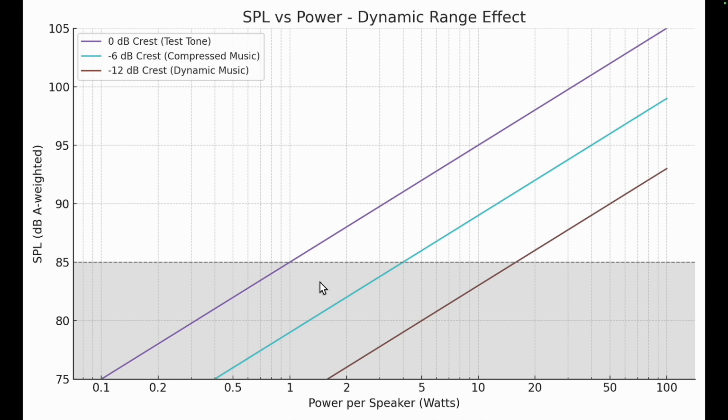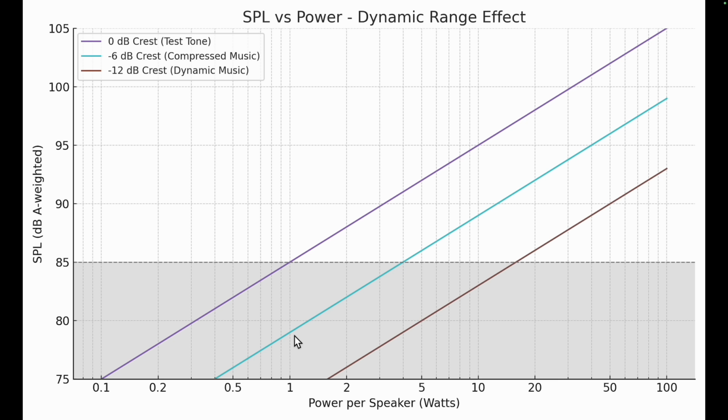In this example, we're going to go back to talking about just one speaker, anechoic, and this is kind of baselining us, okay? So if we look at the speaker and we say that we're feeding it a straight test tone, we're going to get 85 decibels with 1 watt. If you play music that has about 6 decibels of dynamic range, then you can take 6 off of 85 and you're around 79 decibels. If you listen to music that has a higher dynamic range, such as 12 decibels, then you take off another 6.